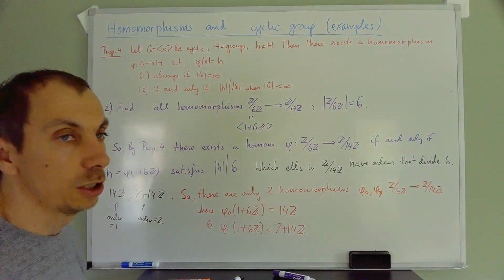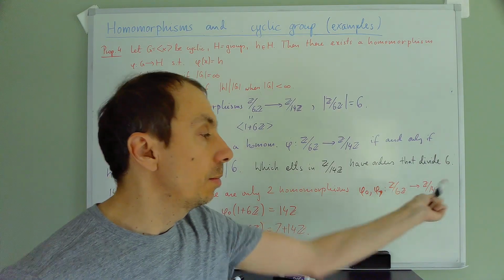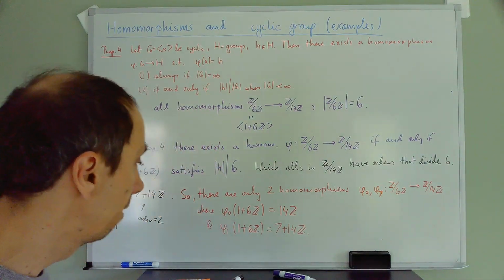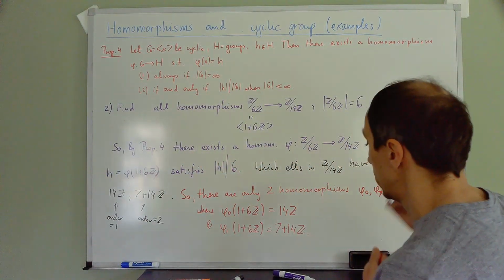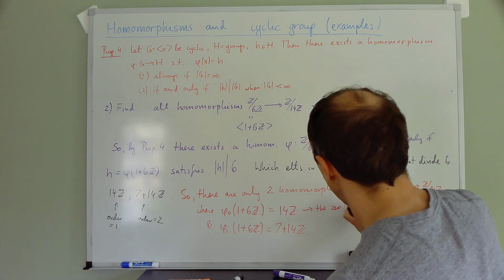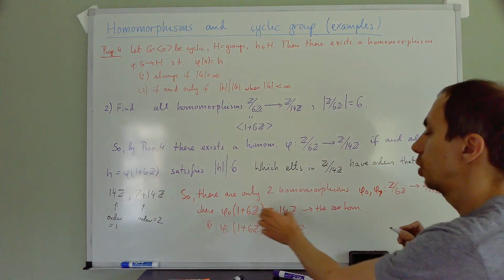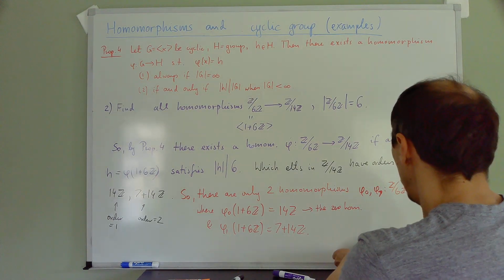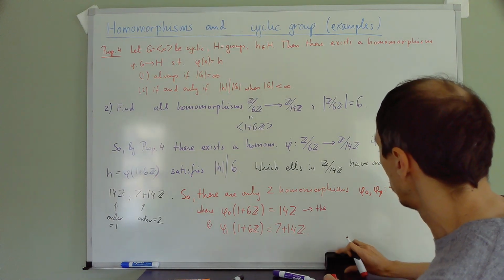Okay? So there are only 2, because there are only 2 elements in Z mod 14Z whose orders divide 6. I can again analyze them. This is the 0 homomorphism. Once you send the generator to 0, you send everything to 0. So, the trivial homomorphism.